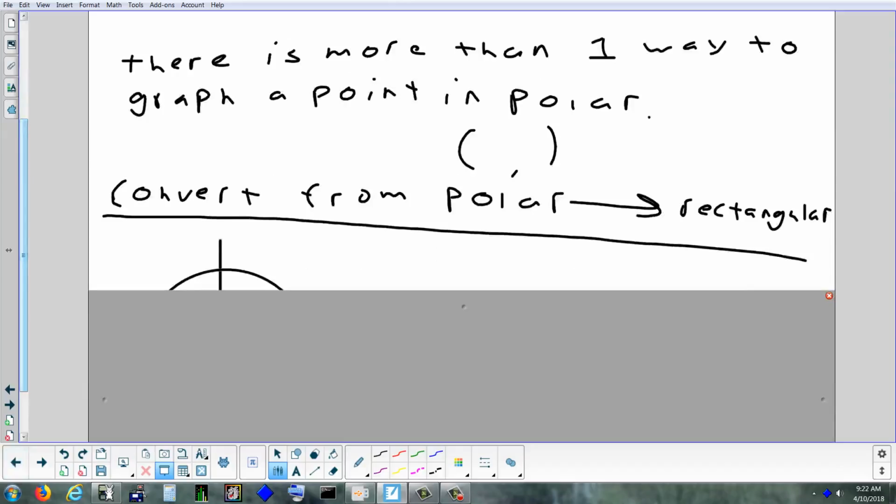Yeah. They give you an r, they give you a theta. And in rectangular, which is the kind of grid that we use with parametric and function graphing, what do you have to have for that? You don't want an r and a theta. You want an x and a y. So that's the whole goal of this, to turn an r and a theta into an x and a y.